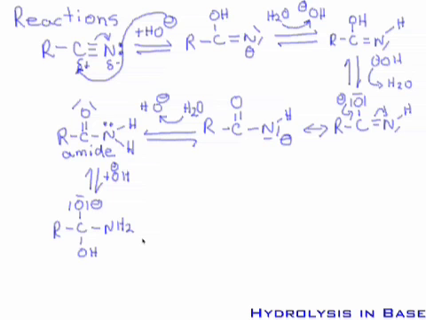And what happens when we kick this out? We can dump the electrons back in, kick out NH2. We get R, C, double bond O, OH, plus NH2 minus.